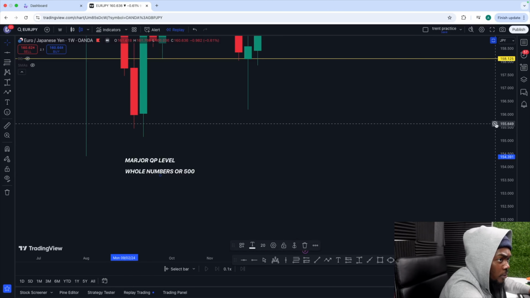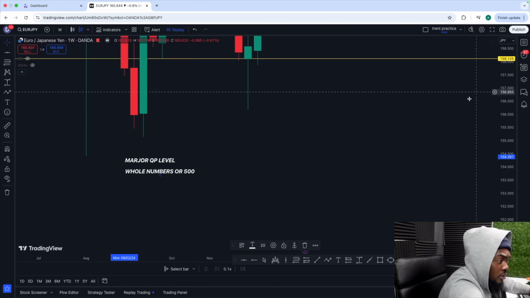So if I'm looking over to the right hand side at price point, all of my major QPs will be 155 even, 155 500, 156 even, 156 500. So these are my major QP levels, and let's also identify our minor QP levels.